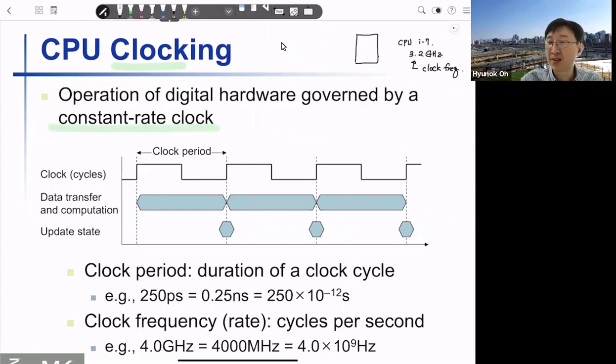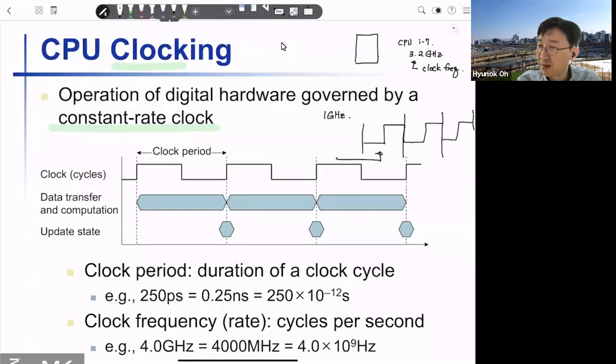So for instance, it is 1 gigahertz. That means, let's say this is one cycle, and this is one cycle, and this is repeating. This single cycle is happening 1 giga times per second.